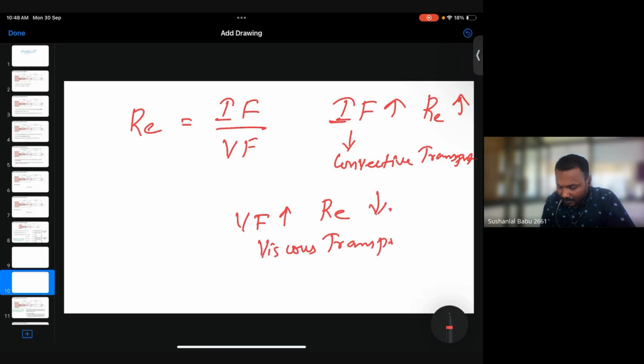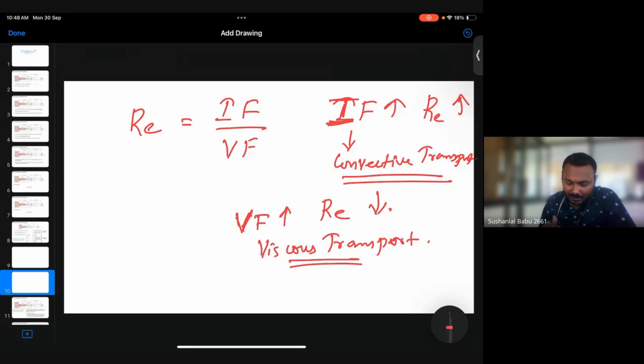So according to the dominant force, if inertia force is more dominant, then convective transport will become prominent, and if the viscous force is dominant, viscous transport will happen. This is the relation, and we will discuss further in the next class.